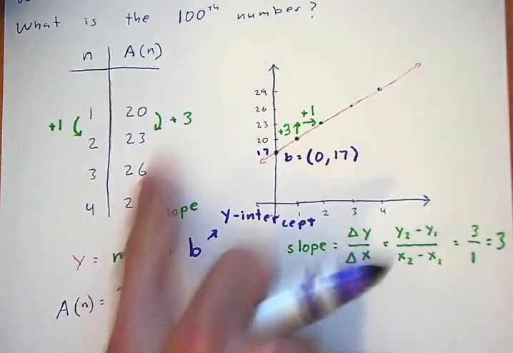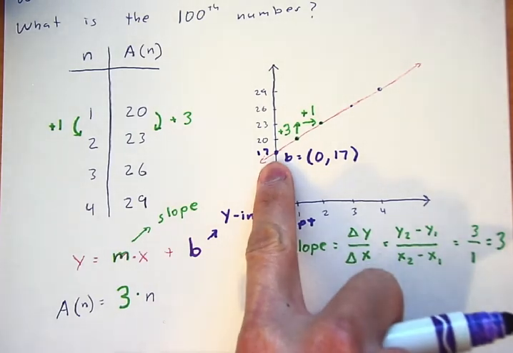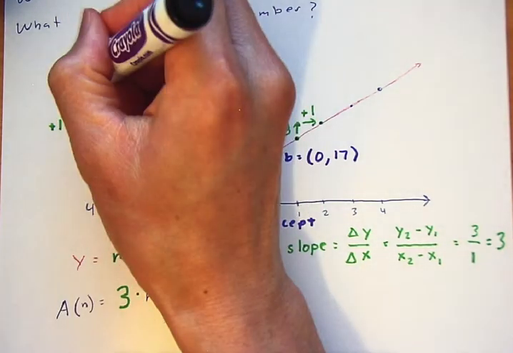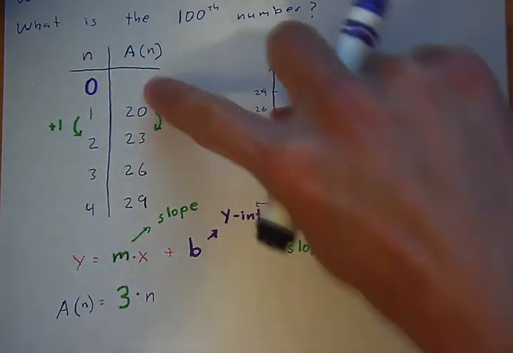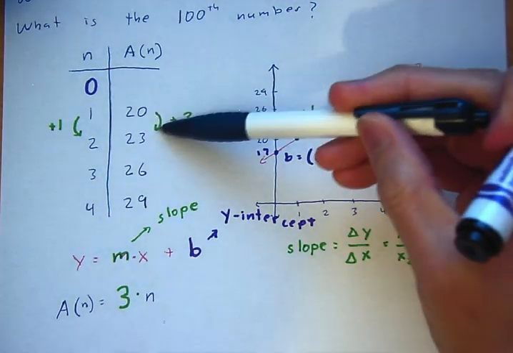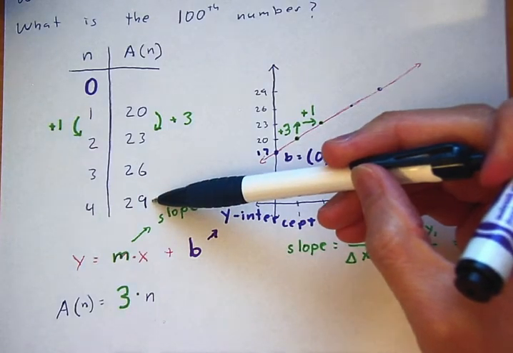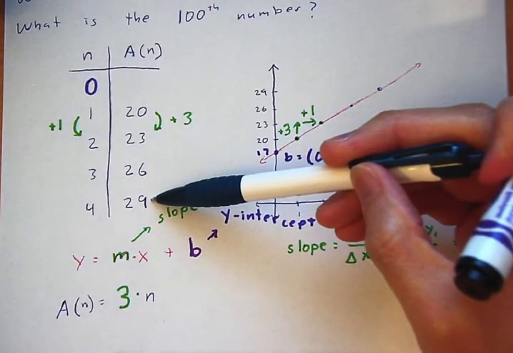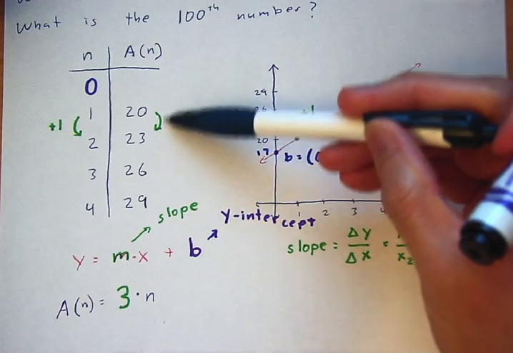If we were doing that on our table, once again, your y-intercept is when your x equals 0. And we need to find that number. Well, I know that if I'm going in this direction, it's plus 3, plus 3, plus 3, going down. So if I'm coming up, starting at 29, going this way, it's minus 3, minus 3, minus 3.